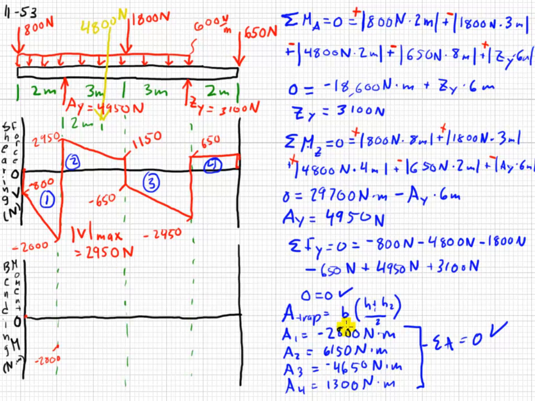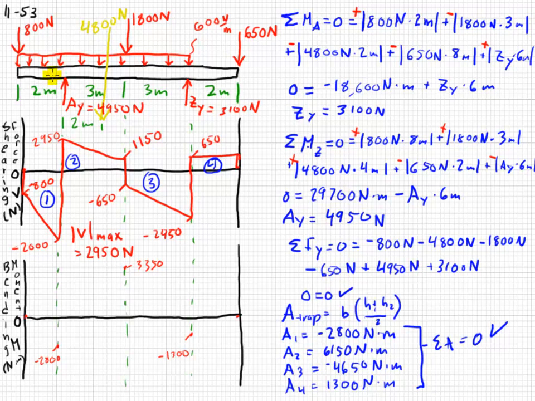My next point is going to be negative 2800 Newton meters plus 6150 Newton meters, which is up here, 3350 Newton meters. Then I'm going to go back down 4650 Newton meters to this point, negative 1300. And last but not least, got the fourth one, which is 1300 Newton meters, which will end us at 0.